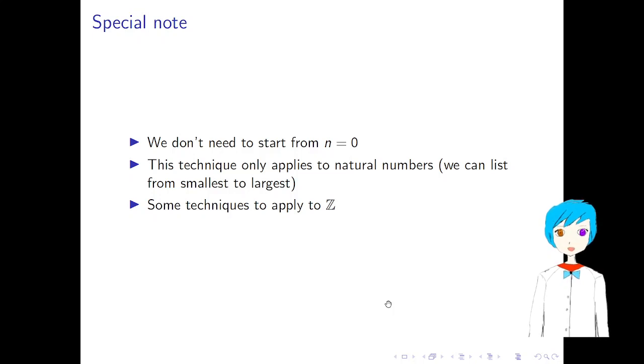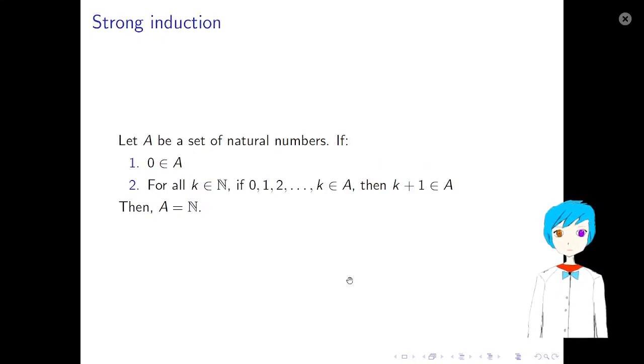For instance, we can assume that the hypothesis holds true when the absolute value equals k, and then we prove the hypothesis is also true when the absolute value is k plus 1. So by taking the absolute value technique, we can extend mathematical induction to the set of integers, but we cannot extend it to the real numbers.